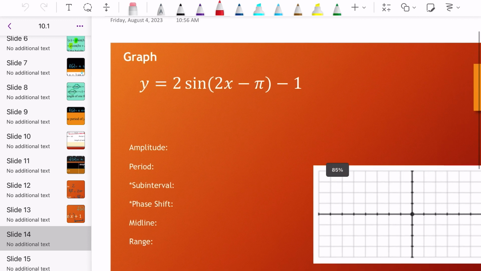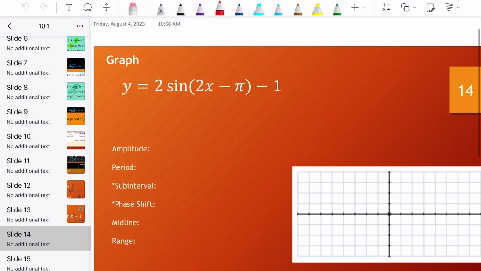In slide 14, in this scenario, we actually have an equation with all four of our terms. Keep in mind, this will be our A, this is our B, this is C, and that is D. So let's take a look at our amplitude. Our amplitude in this case is going to be 2.